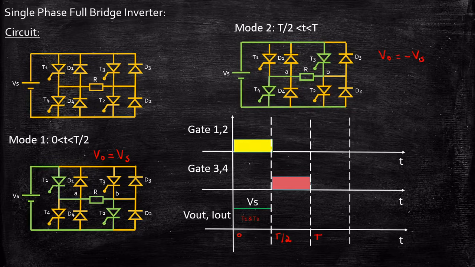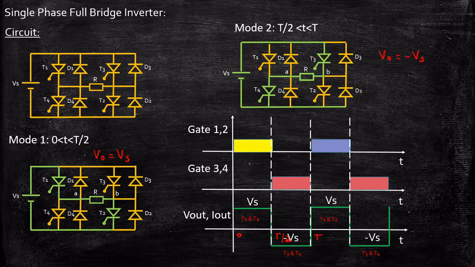As a result, you'll be having output voltage go in the negative direction, and the current also will follow the same path because it is a resistive load. So you'll be getting minus Vs for the conduction of T3 and T4. Again in the next cycle, T3 and T4 will be turned off, and T1 and T2 will be turned on. Again the cycle repeats. You'll be getting a waveform like this.